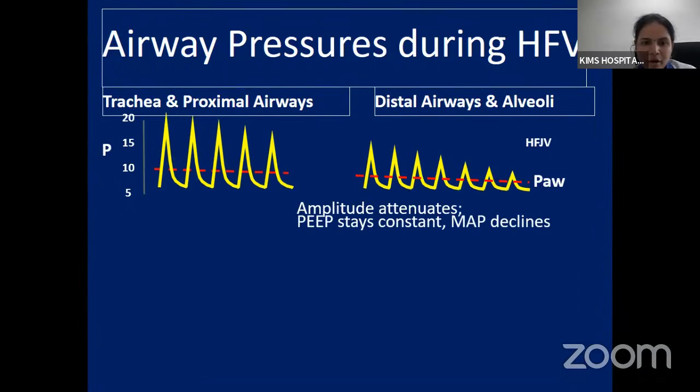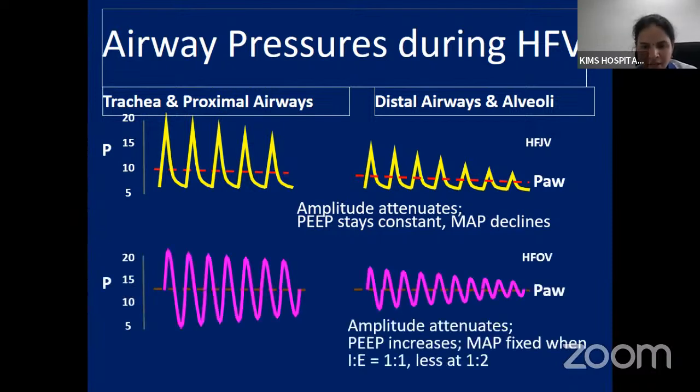One also has to remember that the airway pressure that is delivered at the proximal airway may be different from the airway pressure at the baby's alveolar level. So as you can appreciate in these two graphs, the top two graphs represent high frequency jet ventilation, and the two graphs in the bottom represent high frequency oscillation ventilation. So let's look at HFOV because that's what we all commonly use.